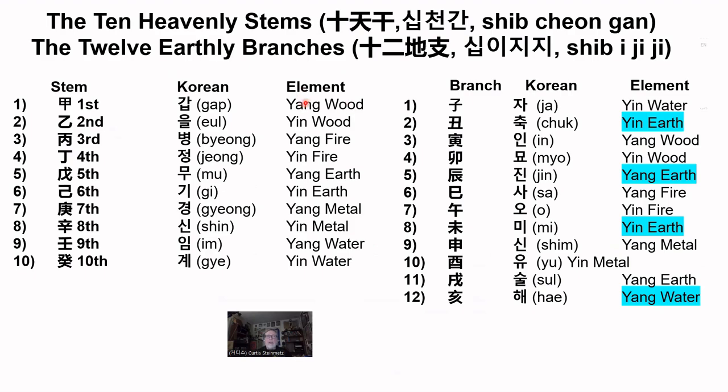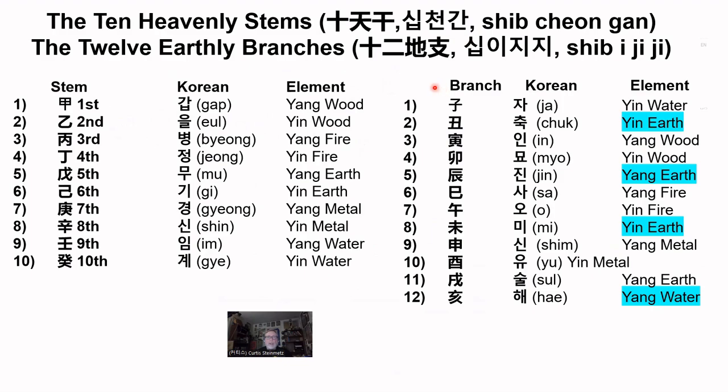And then for each element you have yang and then yin, yang and then yin, yang and then yin. So wood, yang, was the first heavenly stem, gap. Wood, yin, was the second heavenly stem, ul, which we did yesterday. Today's Hanja is the third heavenly stem, which is yang fire, byeong, and so on.